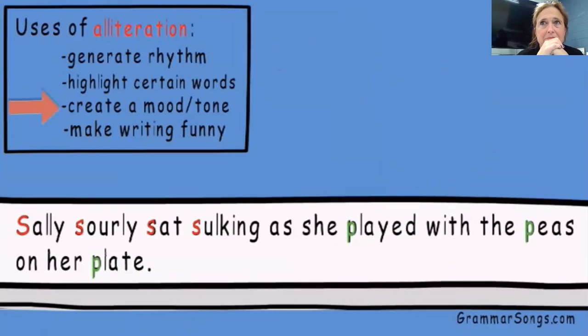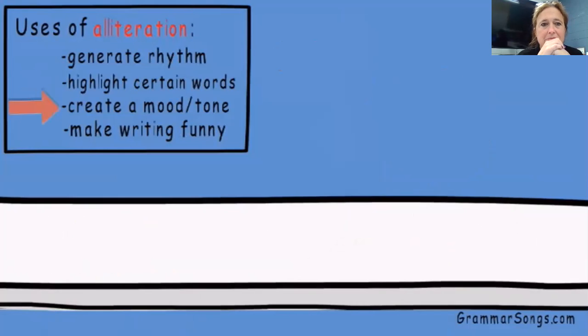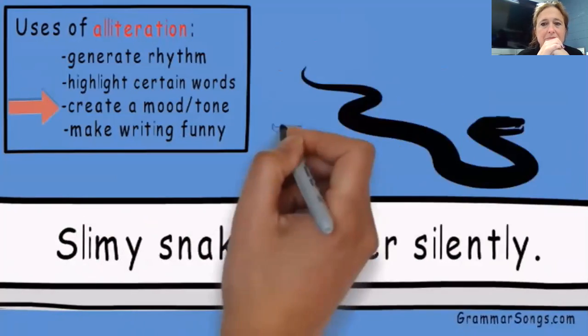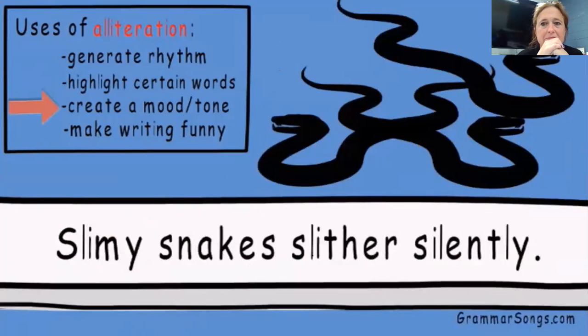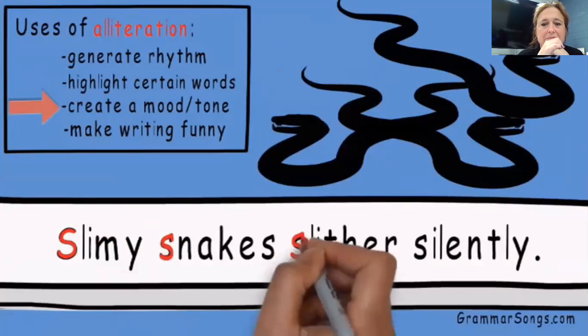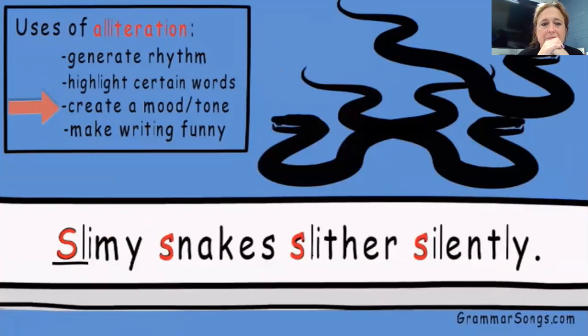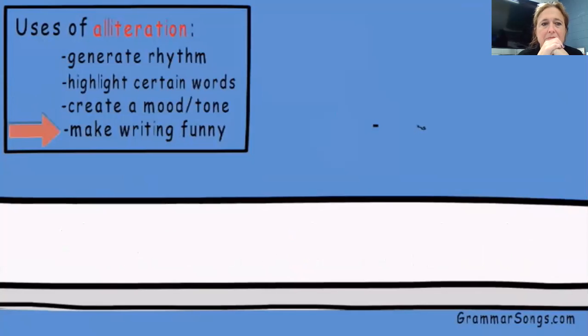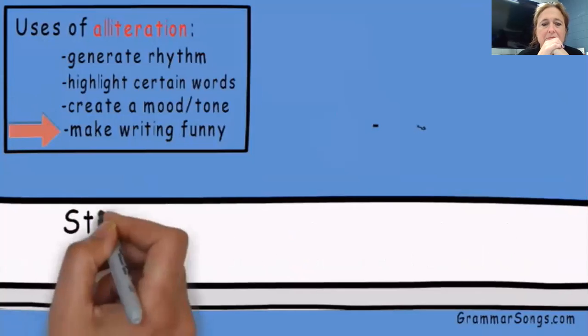Alliteration can also be used to help create a mood or tone. Slimy snakes slither silently. Whether you're a snake lover or not, you have to admit that the repeated S creates a creepy, dismal type feeling. The repeated SL blend, along with the L in silently, creates imagery and a sense of movement within the writing. And finally, alliteration can be used to simply make writing funny.